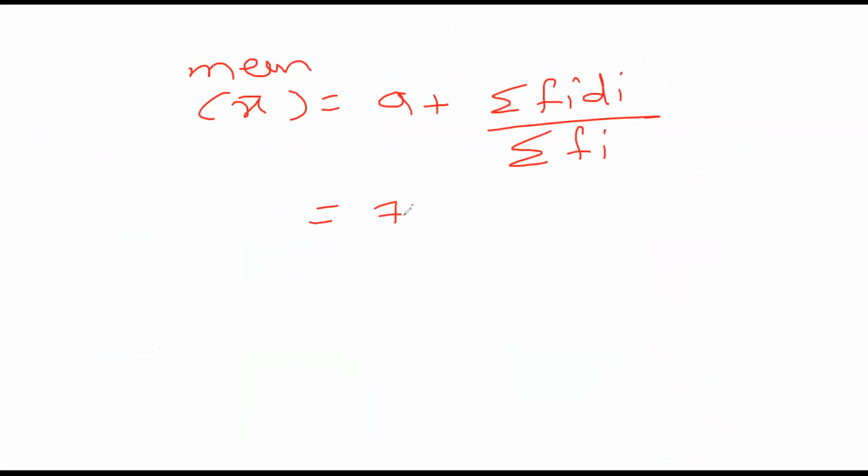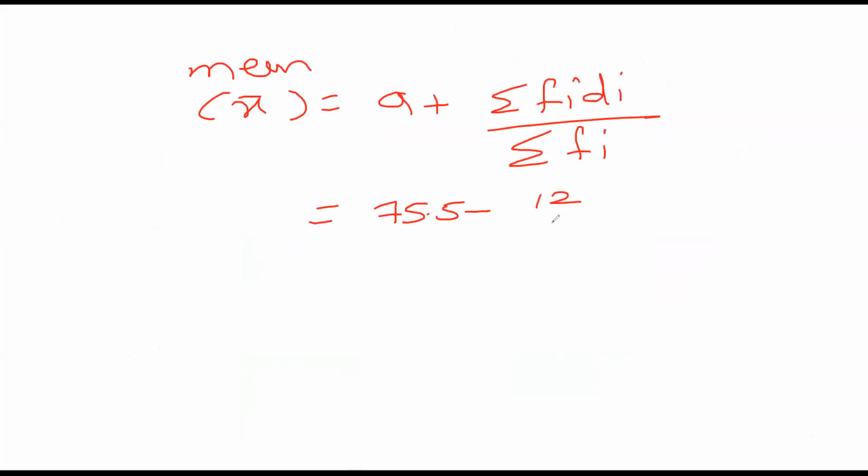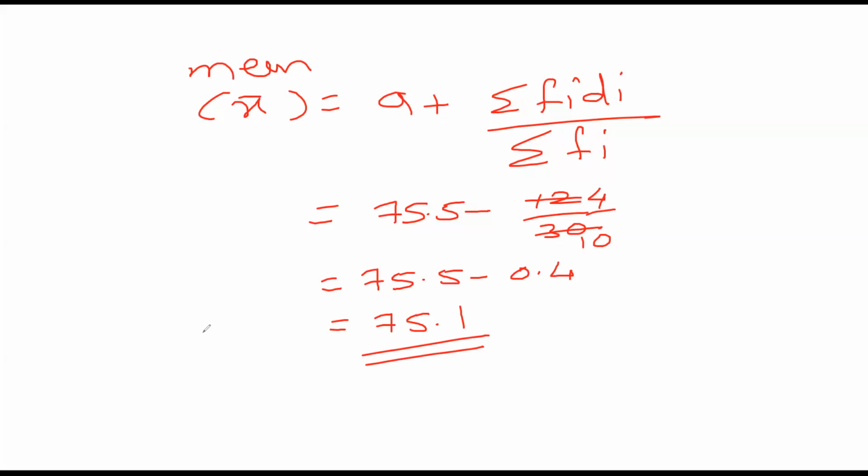So we have 75.5 minus, what is fidi? 12 and upon 30. Correct? 12 upon 30. You can divide it by 3. 4 upon 10. Calculation तशी easy आहे. 75.5 minus 0.4. 4 upon 10 म्हणजे किती? 0.4. So you'll get 75.1.